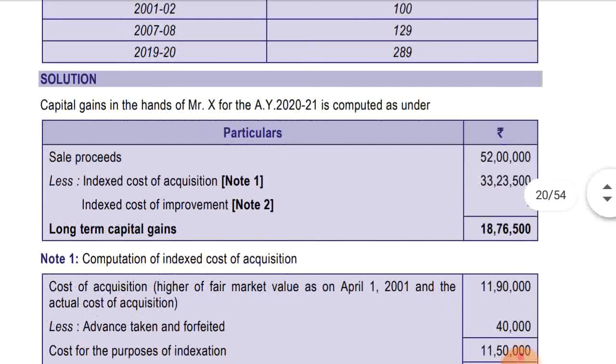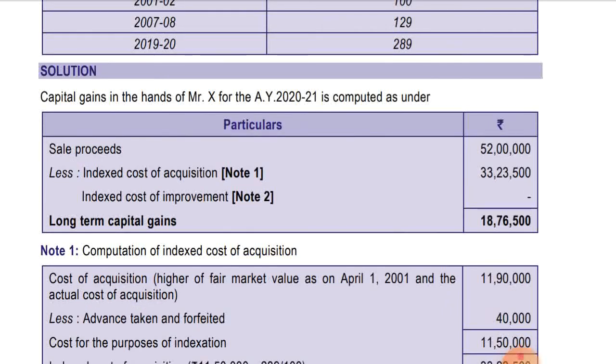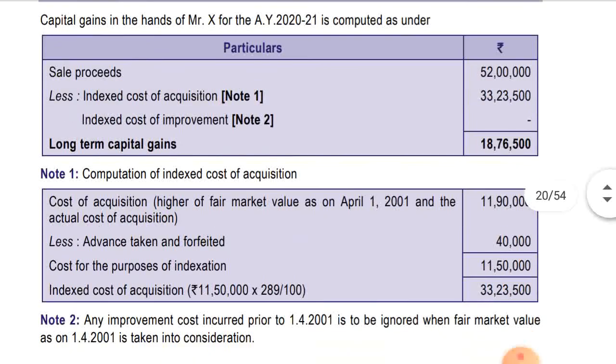Capital gain in the hands of Mr. X for the assessment year 2021 is computed as under. Sale proceeds, as it is given, 52 lakhs. Indexed cost of acquisition, let's see the below note 1. Cost of acquisition: the higher of the fair value as on 1st April 2001 and the cost of acquisition is taken. Fair value was higher, 11,90,000, less advance taken and forfeited 40,000.